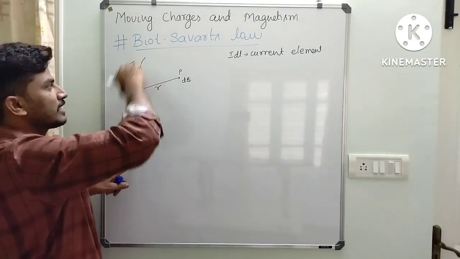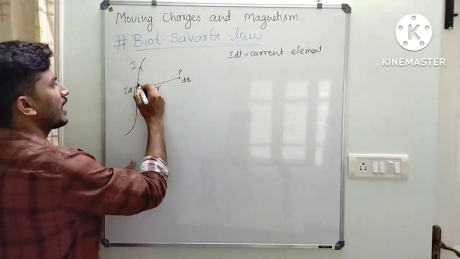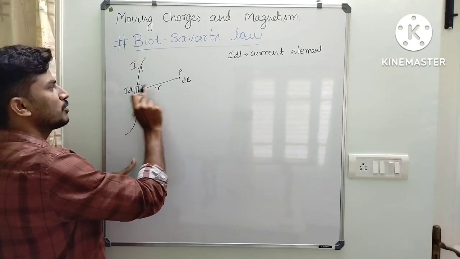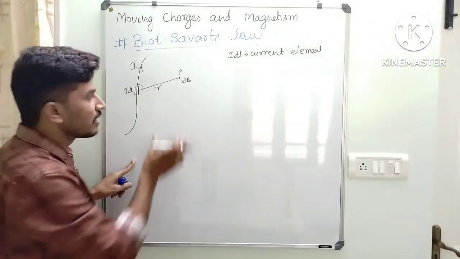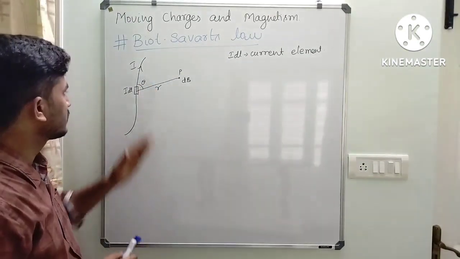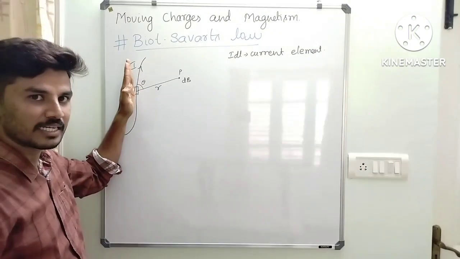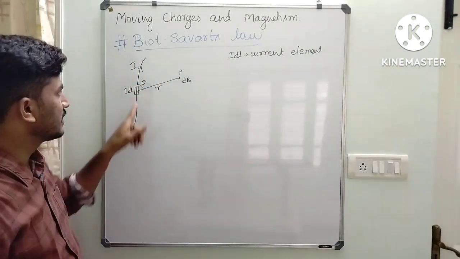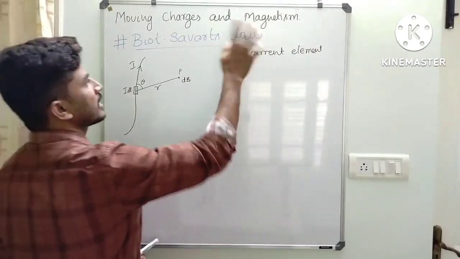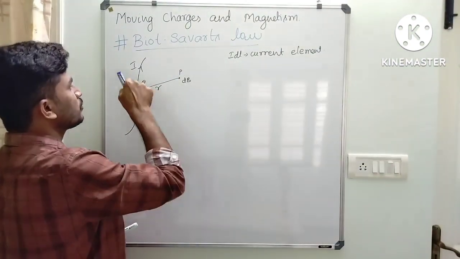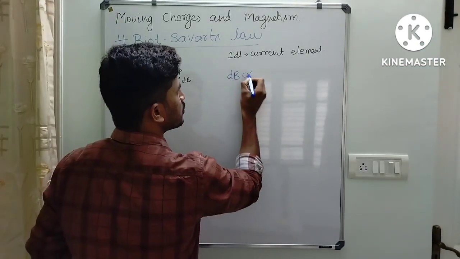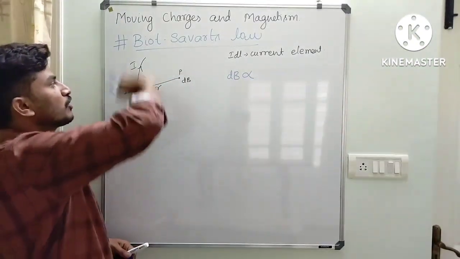The current through the current element is I, and the angle between the current element I dl and r is theta. Clear?